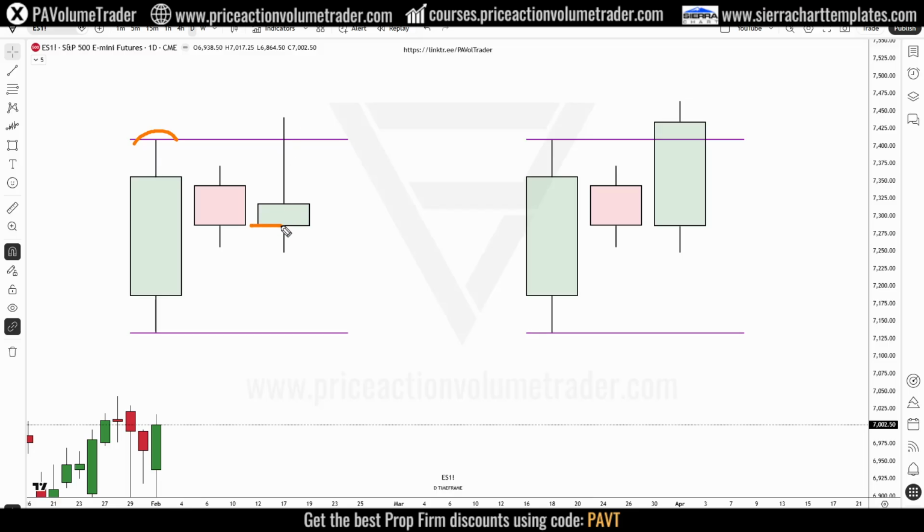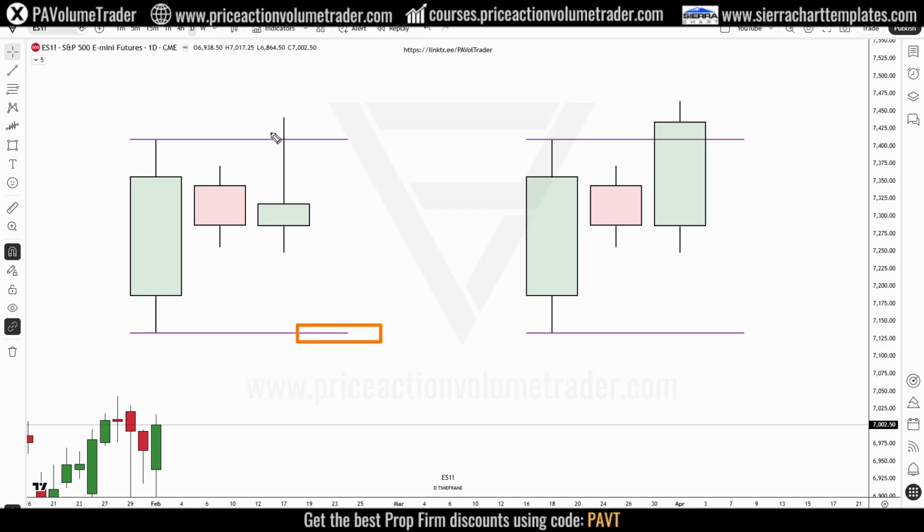So as you can see, we opened here, went to the high right here, and ended up closing right here for the day. So when we see this scenario, immediately our eyes are drawn to the other end of the range of the outer candle.